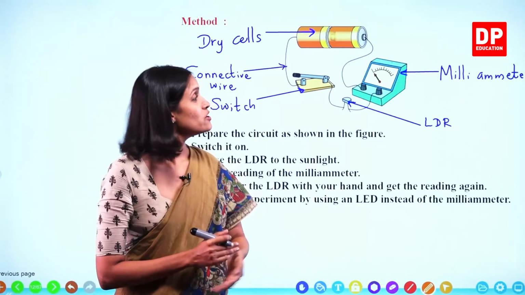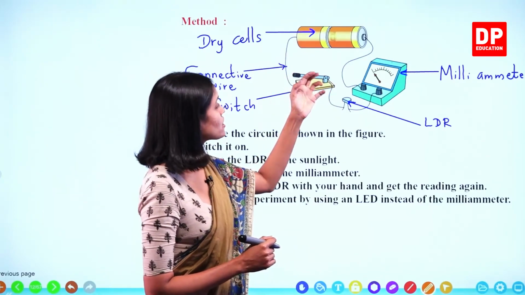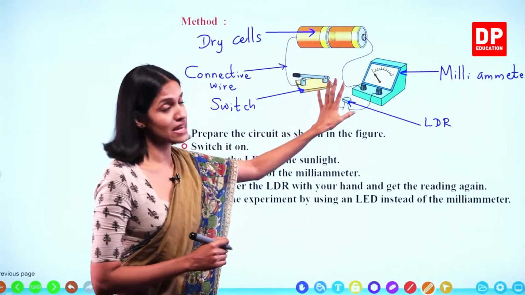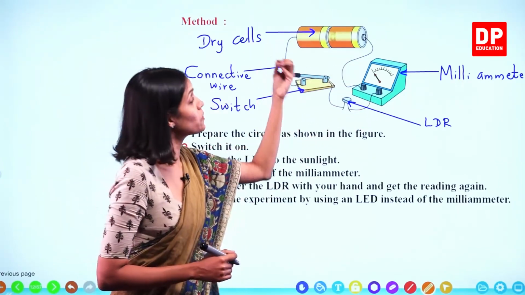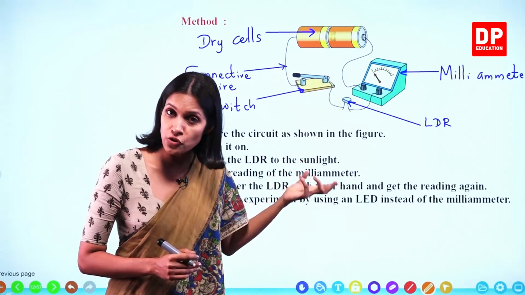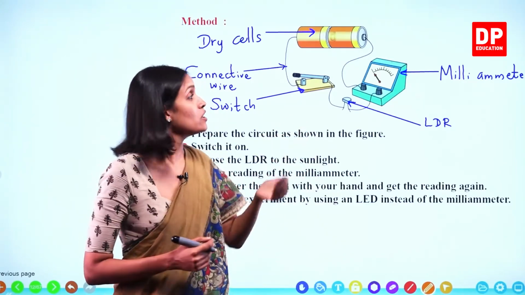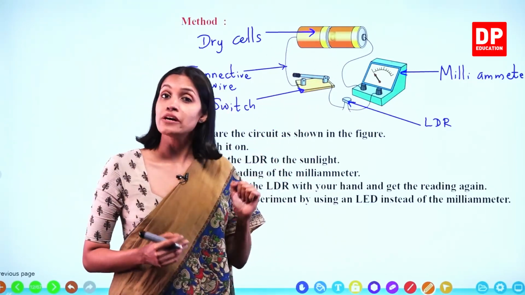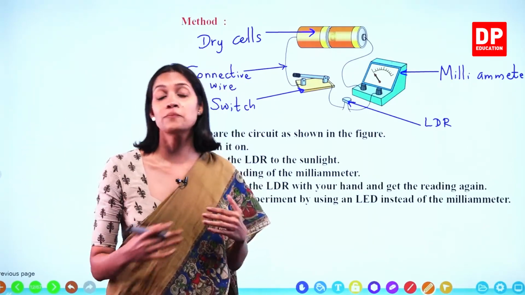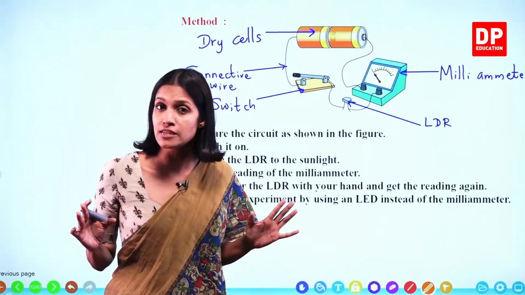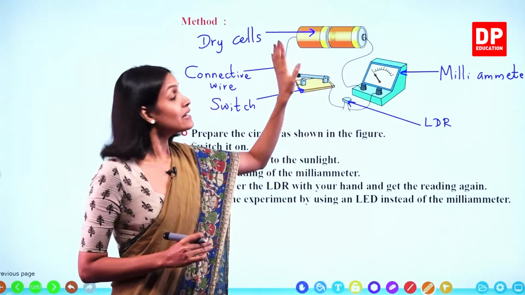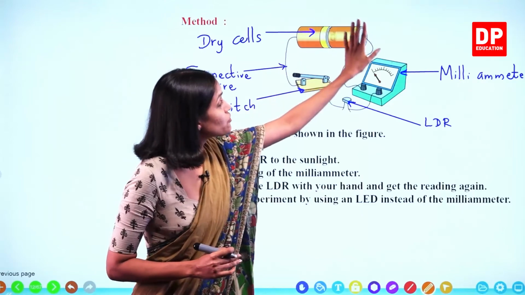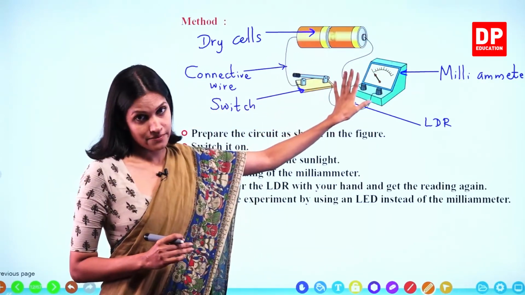Right, children? So each time we direct torch light onto this LDR, the milliammeter indicator increases, and the brightness of the connected LED also increases, right? Both observations are possible only if more electric current passes through the circuit, which means when we direct torchlight onto this LDR, more electric current flows through this circuit, right?